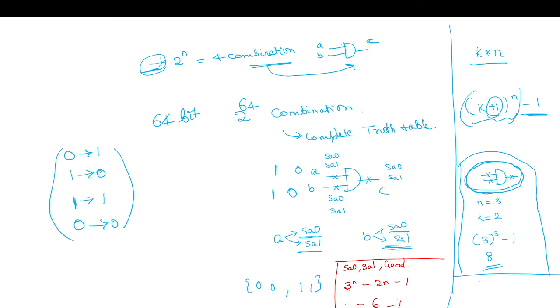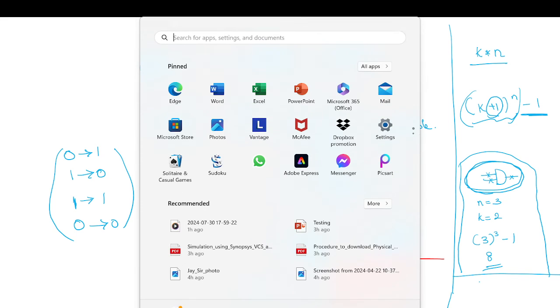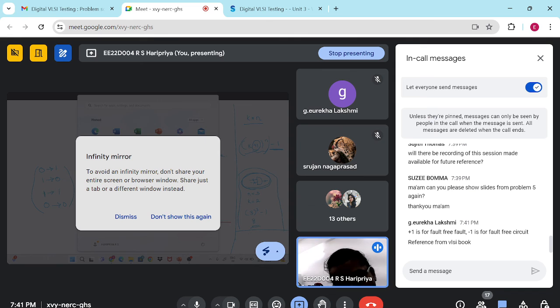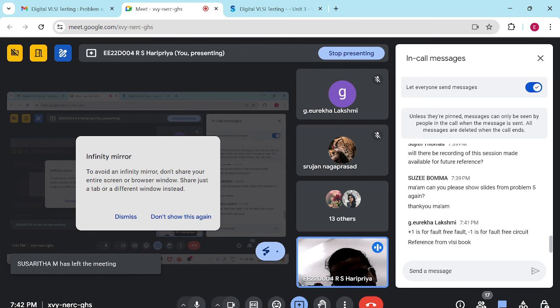Okay, reference from the VLSI book. Plus 1 is for fault free, minus 1 for the fault free circuit. Yes, that minus 1 is for the fault free circuit. So K is the number of fault types and plus 1 is for the good circuit, I think so. Is it?